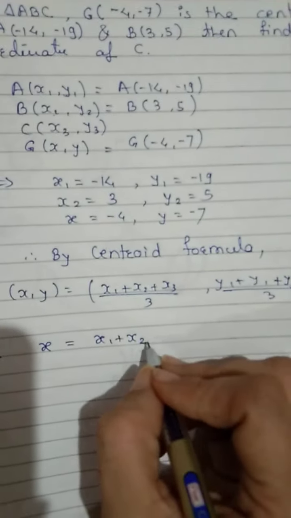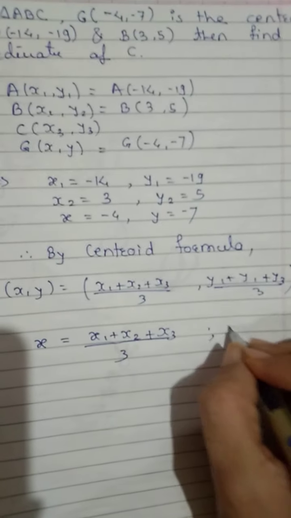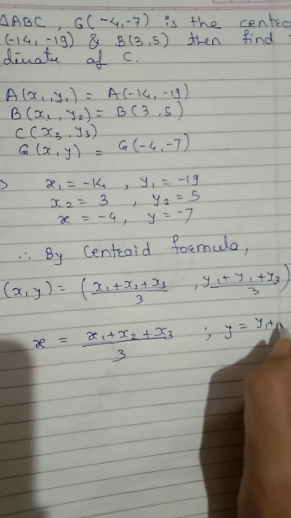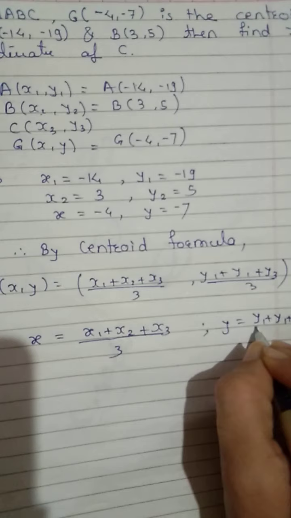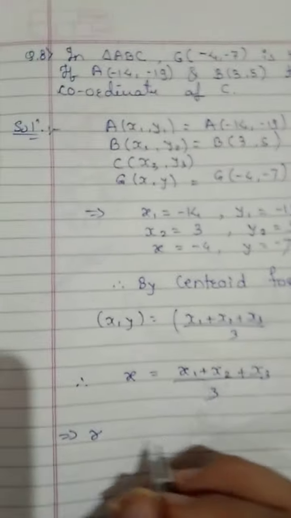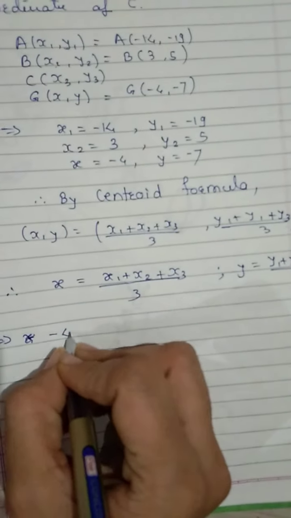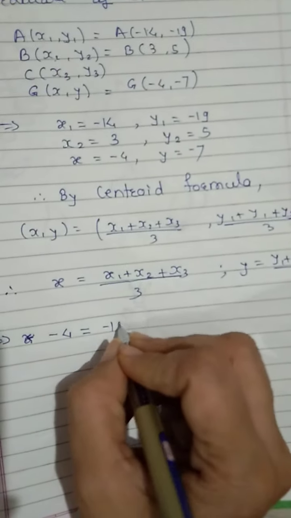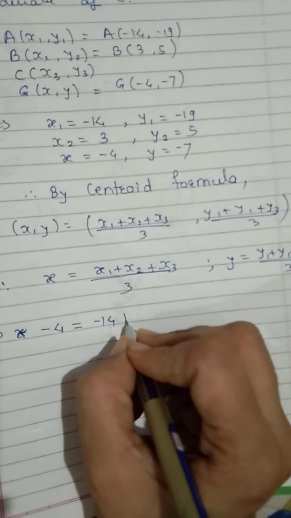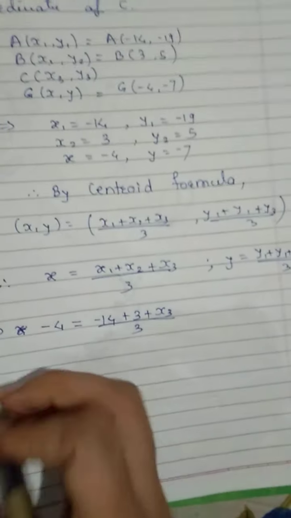Here x is already given to us, which is -4. x1 is given -14, x2 is given 3, x3 we have to find out, divided by 3.